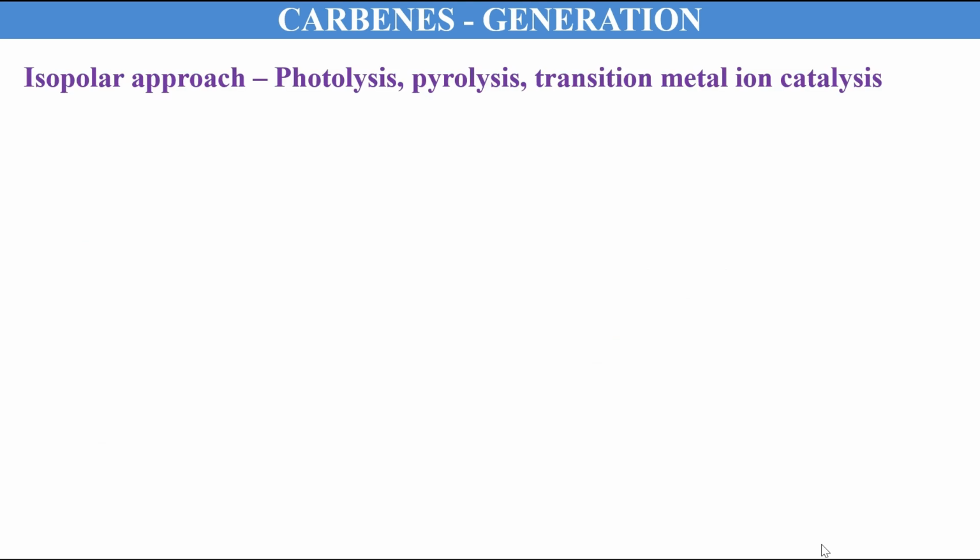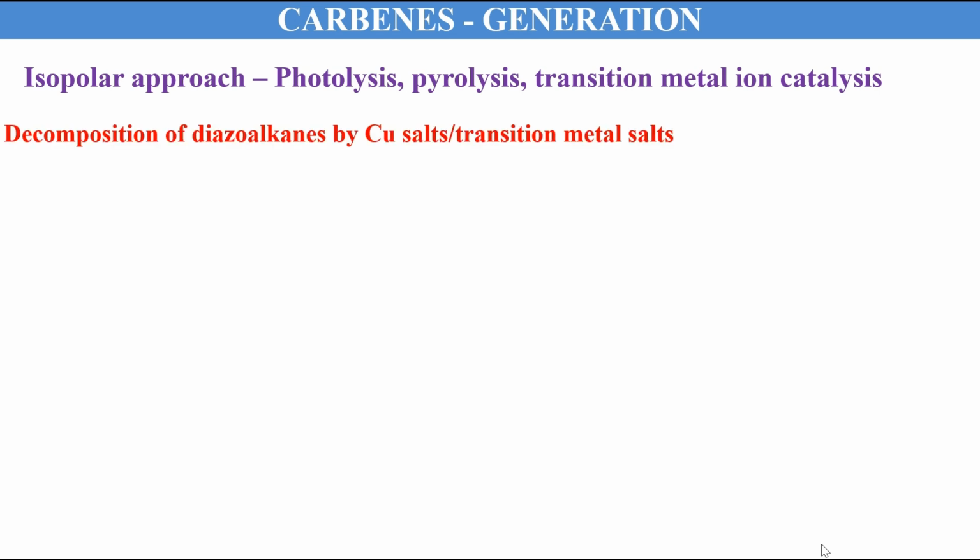Carbenes can be generated by the first approach, which is called the isopolar approach: the photolysis or pyrolysis or transition metal ion catalysis of various organic compounds. The lysis by using light is photolysis.